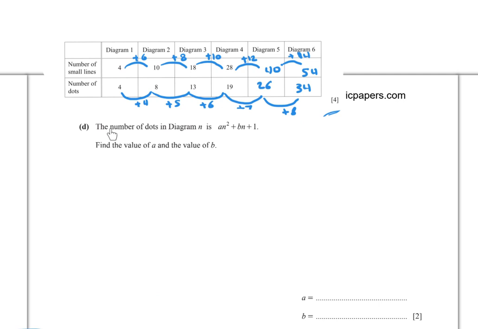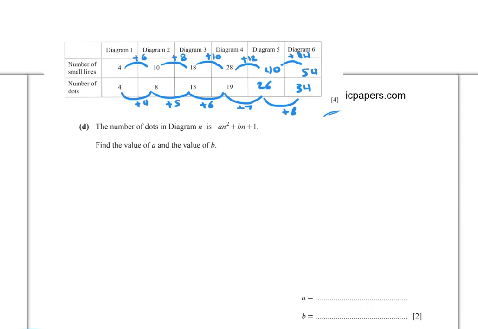D, the number of dots in diagram N is an squared plus bn plus 1. Find the value of A and the value of B. In diagram 1, number of dots 4. In diagram 2, number of dots 8. So you can make two simultaneous equations and solve them simultaneously.